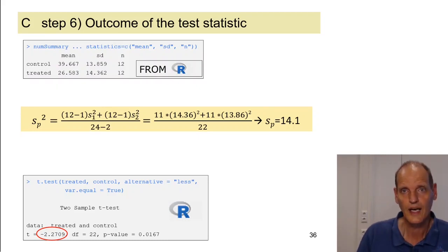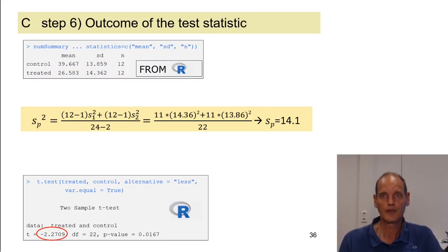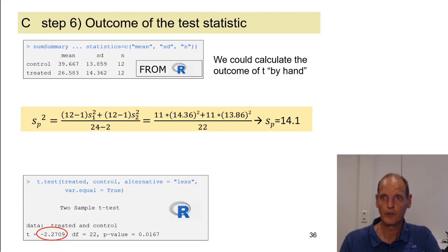Now we can look at the outcome of the test statistic, and for that we can use the R output, computer output in general. We could calculate the outcome of t by hand as follows. Here we have the mean for control and we have the mean for treated.